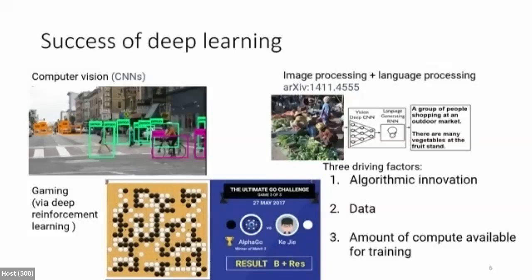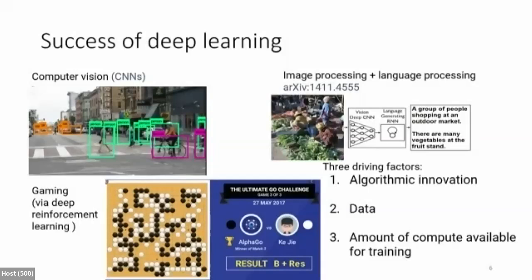Everyone has heard about the success of deep learning in recent years. Deep learning has revolutionized many machine learning tasks in computer vision, in image processing, even in gaming. The factors that contribute directly to this are many algorithmic innovations in machine learning.